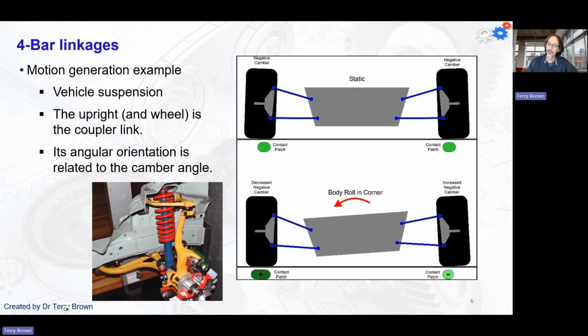So the yellow bits form the moving links of the 4-bar mechanism, and the chassis of the vehicle is the ground link, if you like.